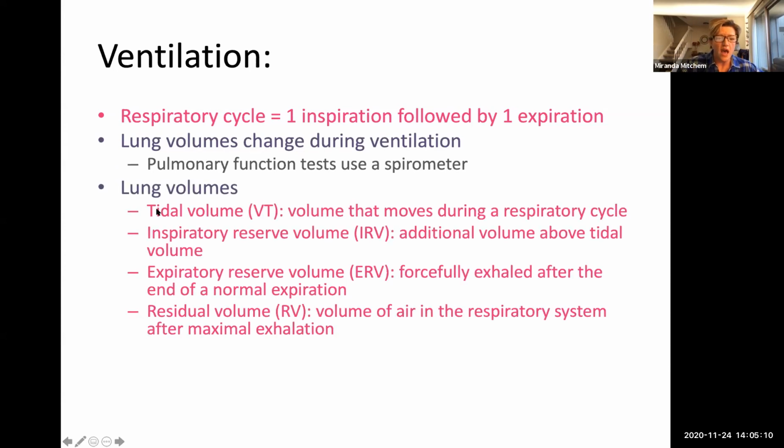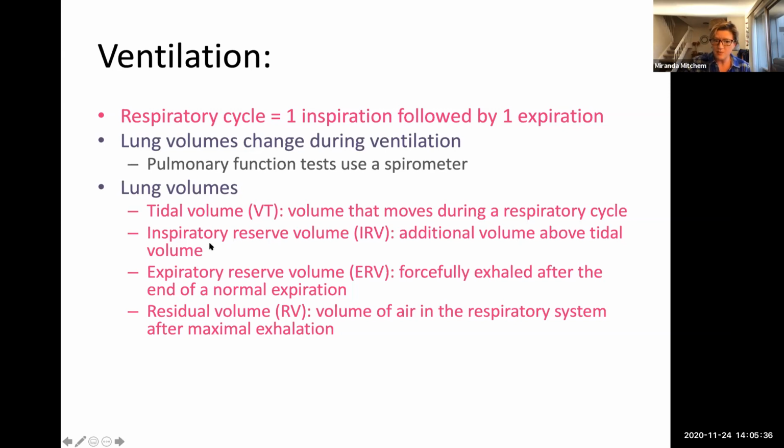Okay, so we have four volumes. And then a capacity is a combination of two or more volumes. Sorry for all the words, but I want you to know what they are. We have our tidal volume, and that's the total volume of air that moves in the respiratory cycle.